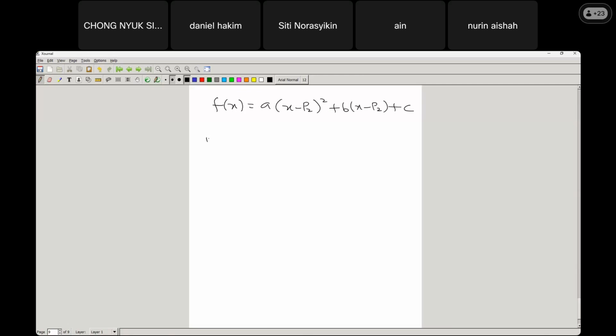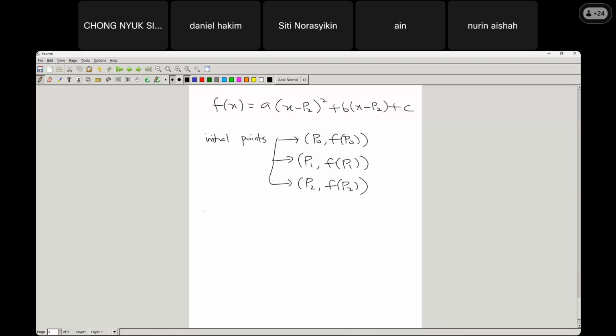So we have the initial points: p0, f(p0); p1, f(p1); and p2, f(p2). I realized that in our notes we use p, not x, so I just follow our notes.